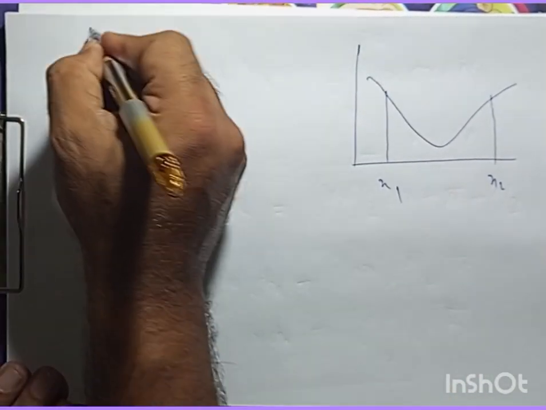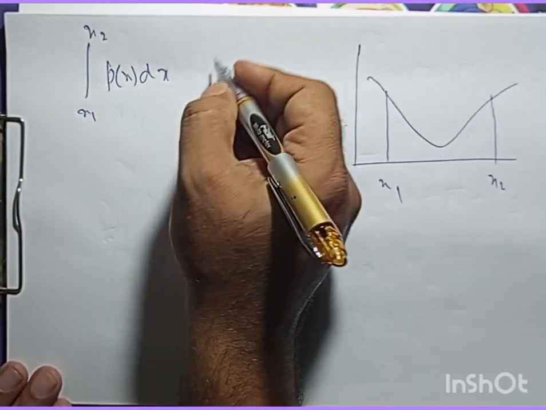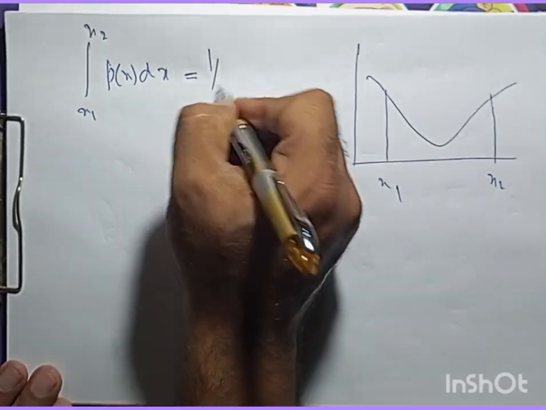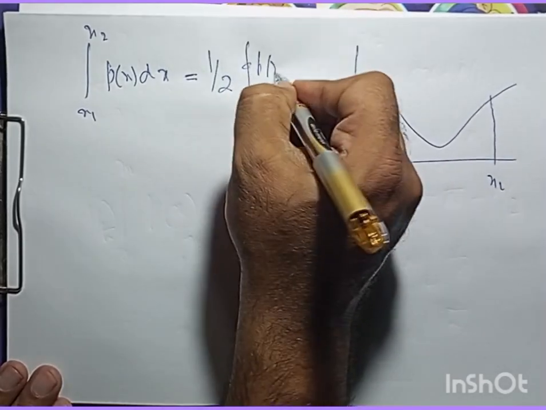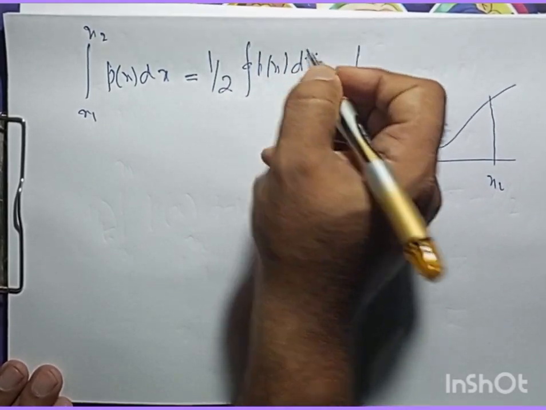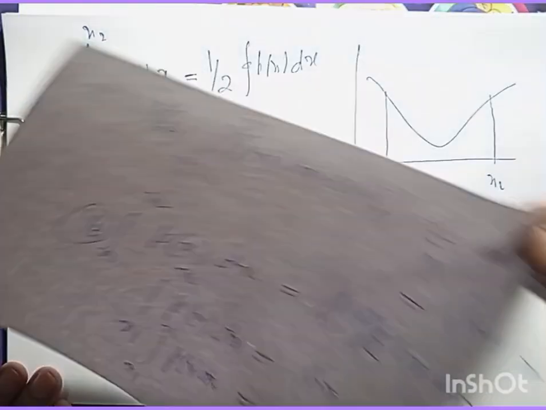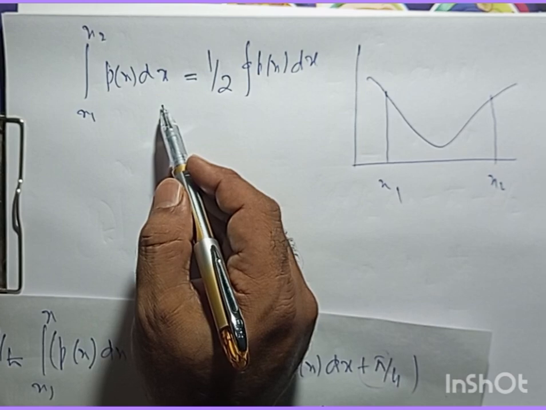And this integral from x1 to x2 of p of x dx is equal to half of the closed integral of p of x dx, so the integral from x1 to x2 can be written as half the closed integral.